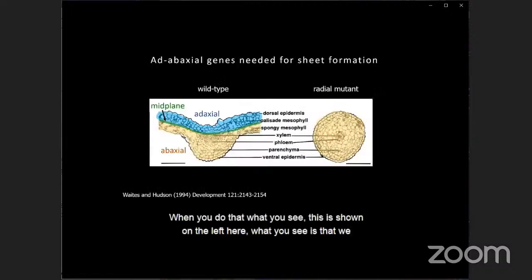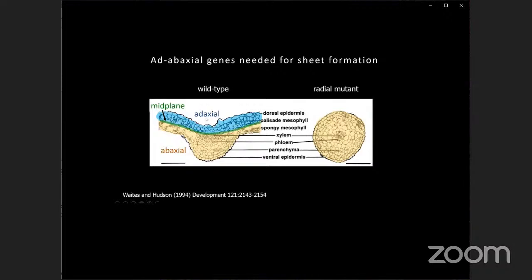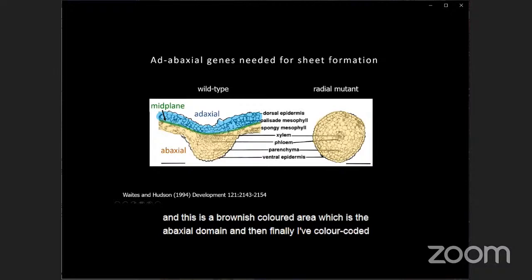And when you do that, what you see, shown on the left here, is that we essentially find three domains of gene activity, three regions that are distinct. There's the light blue area, the top half of the leaf, which is called the adaxial domain. Then there's a sort of brownish colored area, which is the abaxial domain. And then finally, I've color coded the mid-plane region in green that runs between the two.